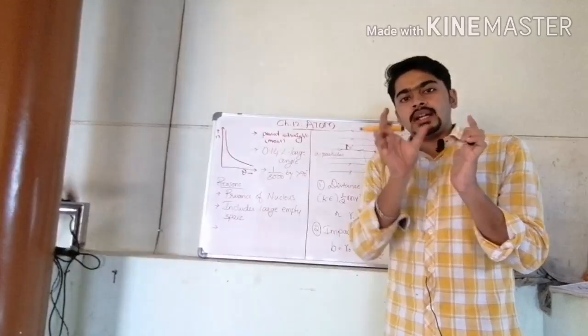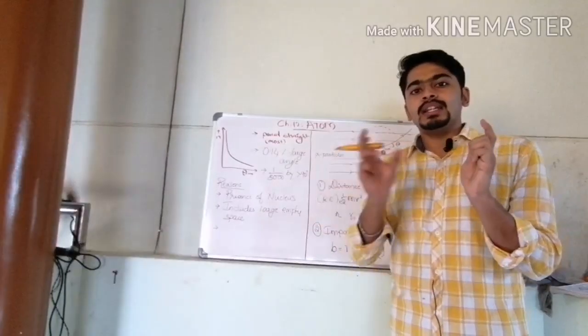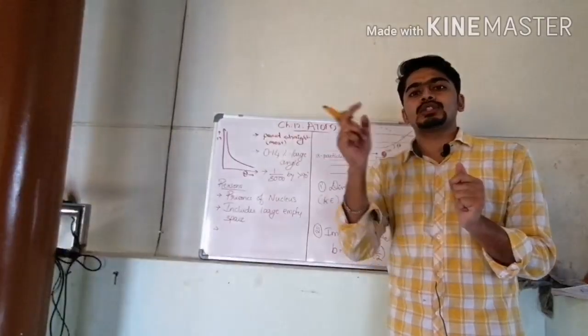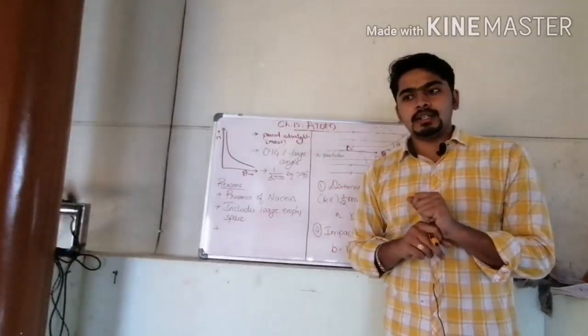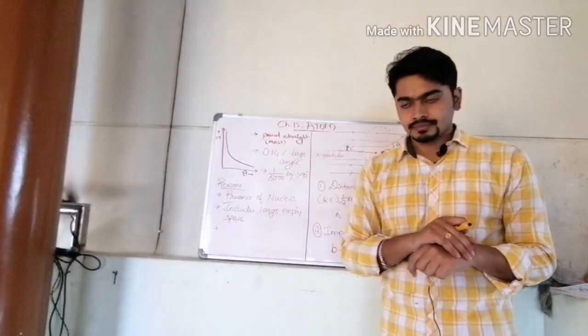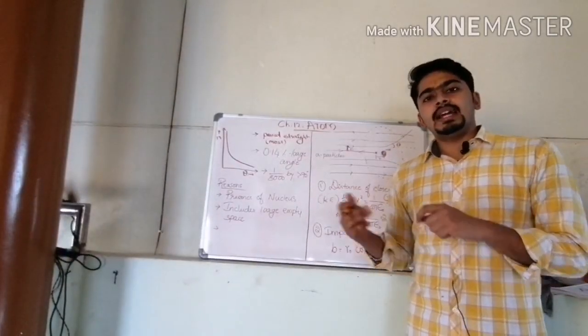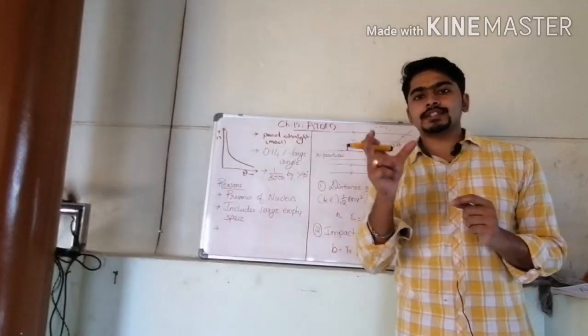So according to this equation, we can estimate the size of the nucleus, and the size of the atom is of the order of 10 raised to minus 10 meter, that is 1 angstrom unit. So according to the Rutherford model, he gave the size of the nucleus.